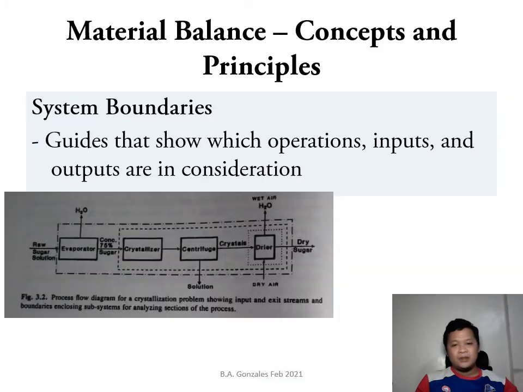Okay, we have here the concept of boundaries. Hindi lang po ito yung interpersonal but in this case system boundaries, no? So whenever we produce our process flow diagrams or block diagrams, we conveniently use these dashed lines to indicate boundaries. And essentially, each box that you put here can result into one equation.